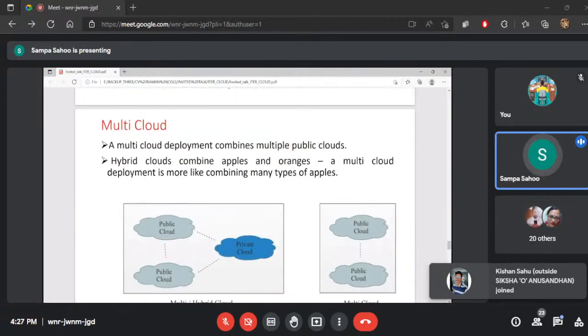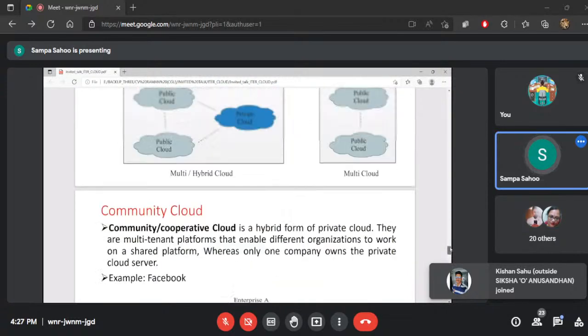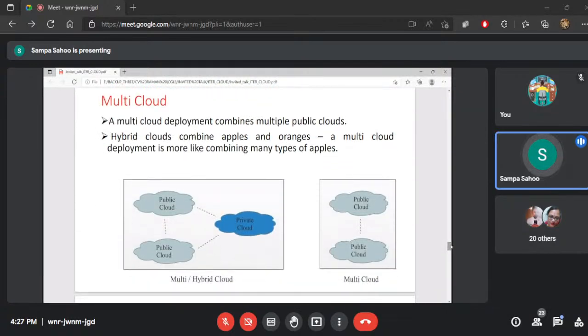Related to hybrid cloud, one more term is there, that is multi-cloud. In multi-cloud, multiple public clouds are used. But in case of hybrid, one private cloud must be there. So if only the public clouds are combined, then that is termed multi-cloud. For example, hybrid cloud is a combination of apple and orange, but multi-cloud will be different types of apples.